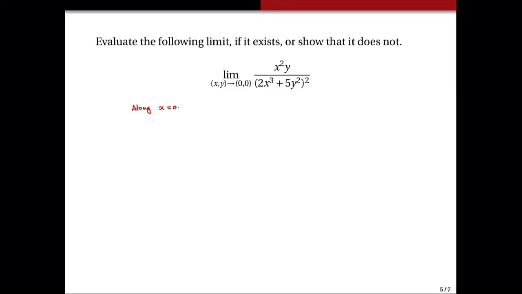I'll call this limit L. So L equals, along x equals 0, we just let y go to 0. In the numerator, it's just completely 0, while on the denominator, it's 0 plus 5y squared. So the denominator is non-zero, and the limit here equals 0.